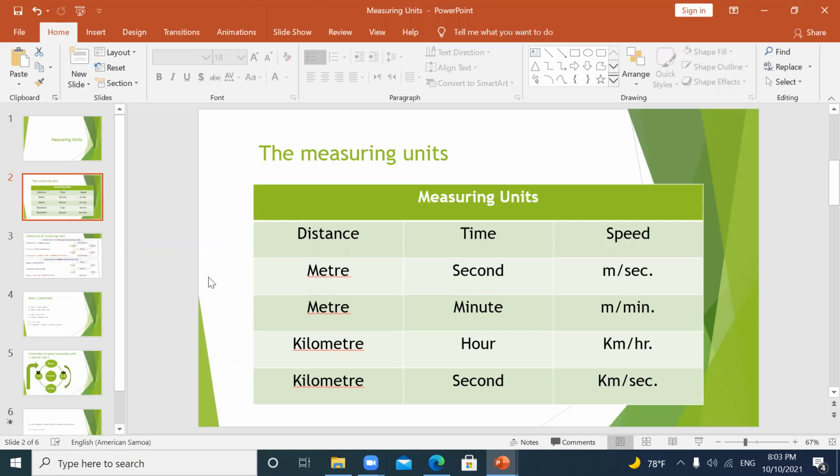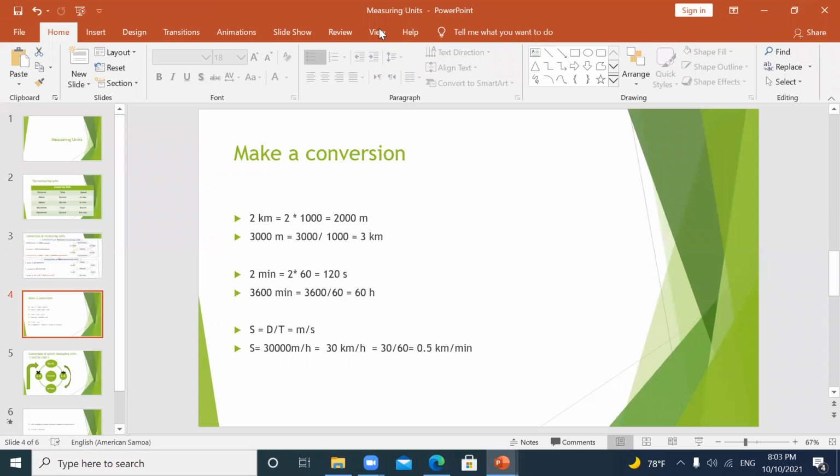Now, if we're going to talk about how to make a conversion for the speed units from meter per hour to kilometer per hour. Now the time unit has no change, only the distance, from meter to kilometer.